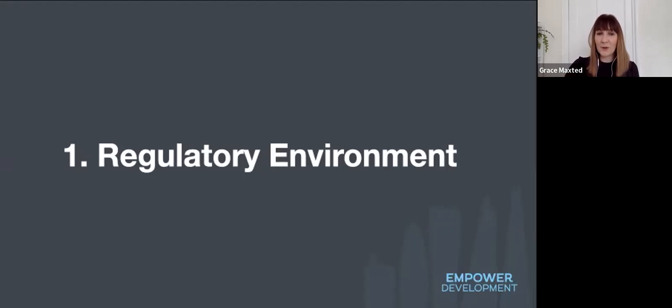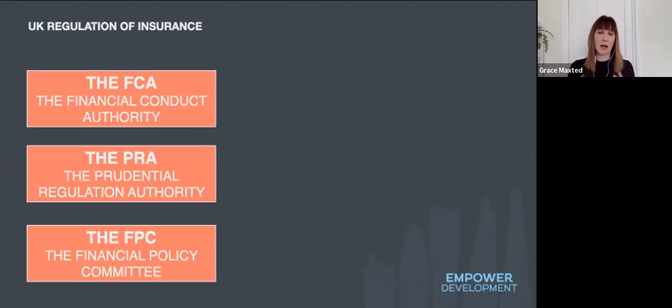Now, we're focusing primarily on these 3 regulators. We're looking at the FCA, the Financial Conduct Authority, who want to ensure the relevant markets function well. Remember, their focus is on competition, integrity, and consumer protection. The PRA looks at a whole wide variety of things: banks, building societies, insurers.